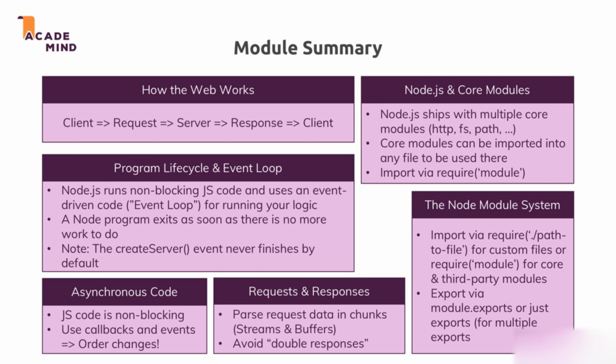It basically pulls in whatever we export there and stores it in a new variable or constant, as we did in this module. And export is an important keyword here. We do export with the help of module.exports, or for multiple exports with the exports shortcut I showed you in the last lectures. So this is what we learned in this module.